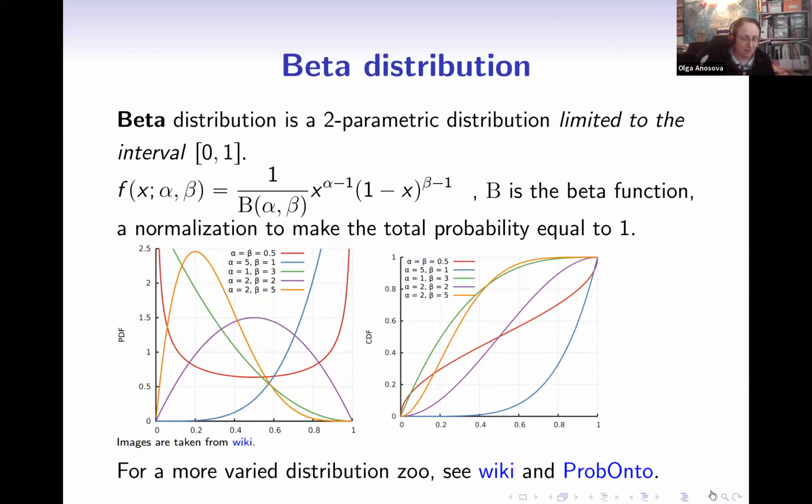Yes, great. The normal distribution, which was actually right in the middle of that probabilities ontology page, because it's sort of everywhere.